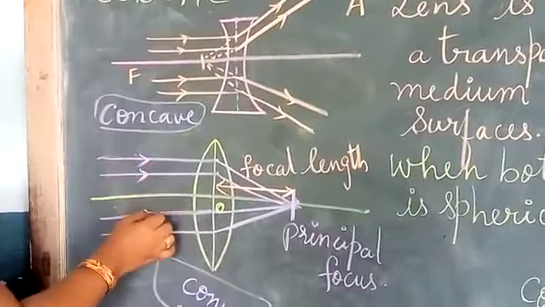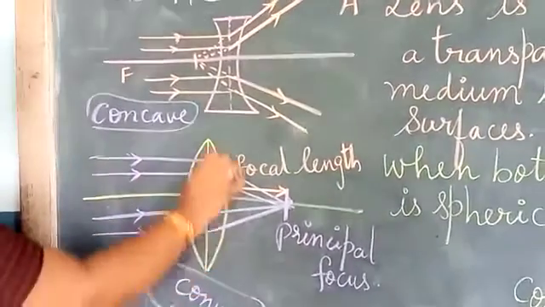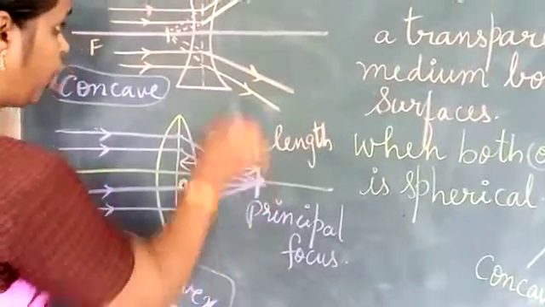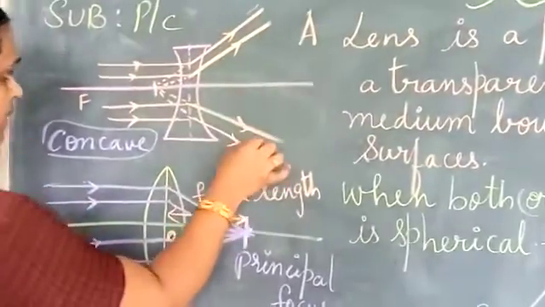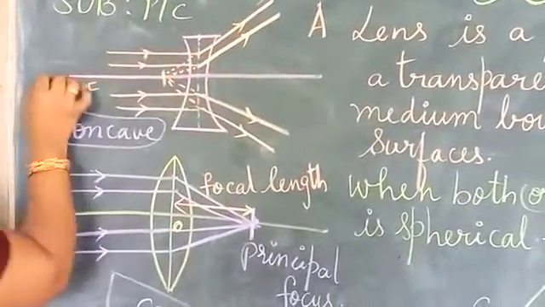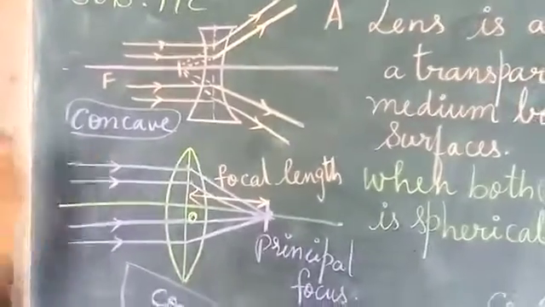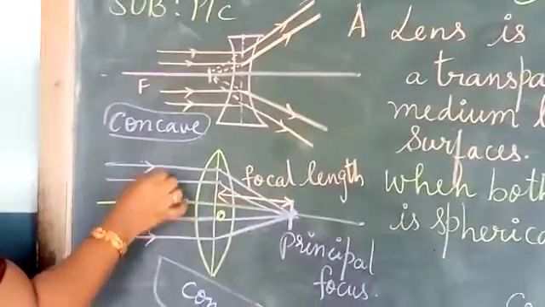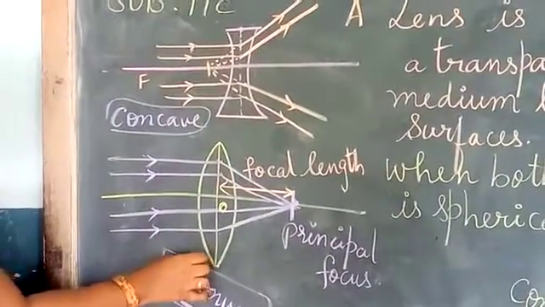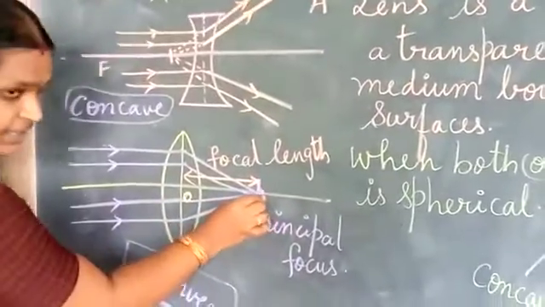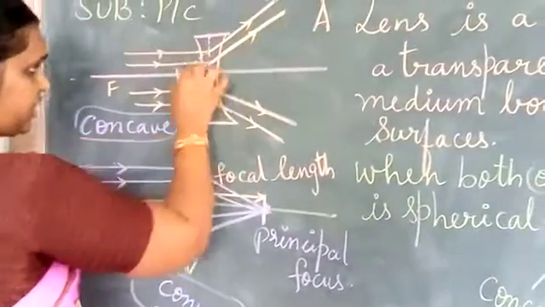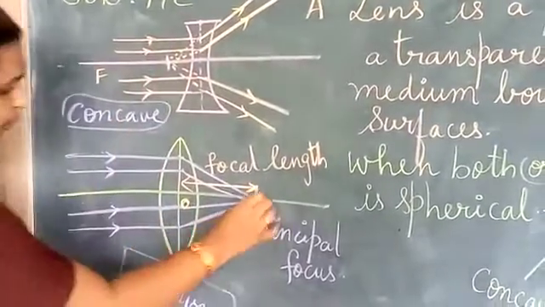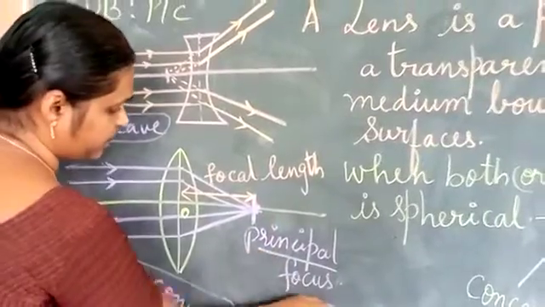When a beam of light rays falls on the lens, it converges or diverges at a point on the principal axis. That point is called the principal focus.